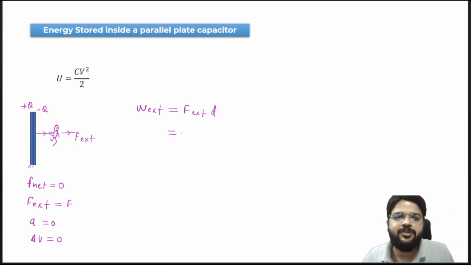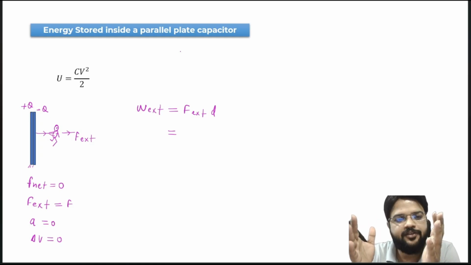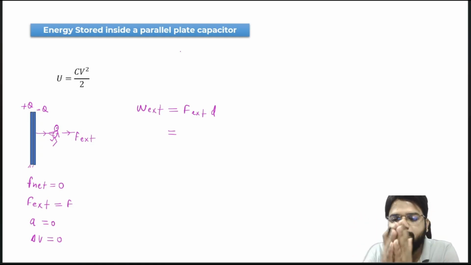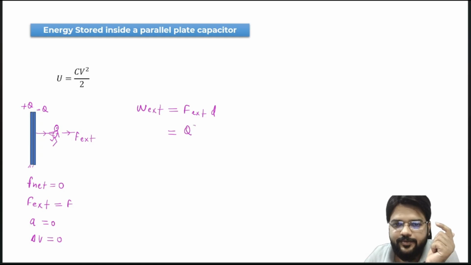It is equal to the force between the plates, and the force between the plates is constant here because the electric field is constant, correct? Between the plates we have a constant electric field, so definitely the force between the plates is constant, so the external force should also be constant, and it is Q square by 2 epsilon naught A into D.